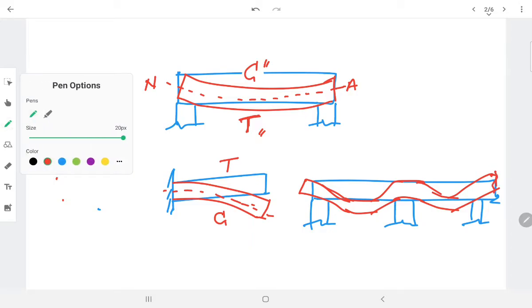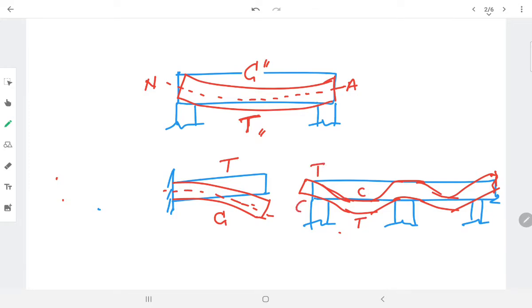At the support, tension will be at the top and compression at the bottom, whereas at midspan tension will be at the bottom and compression at the top. The series of tension and compression plays a role here.